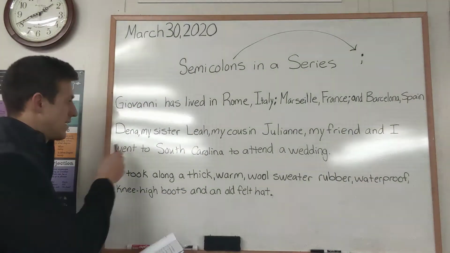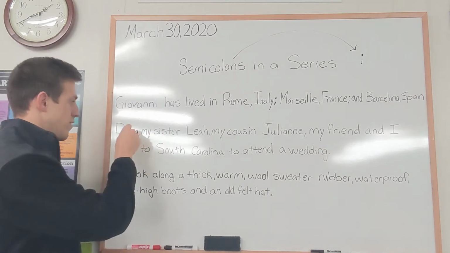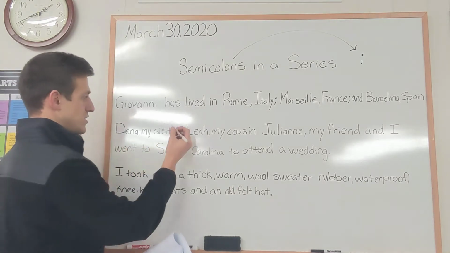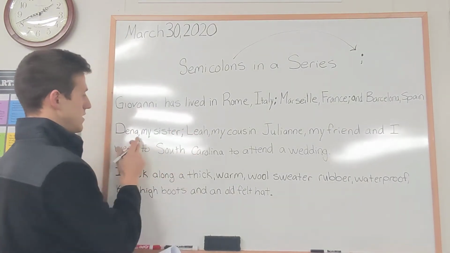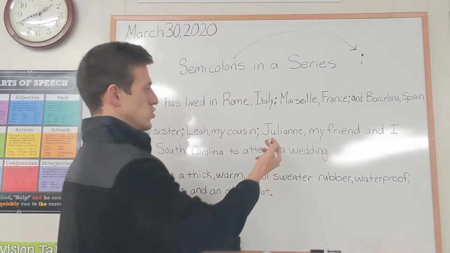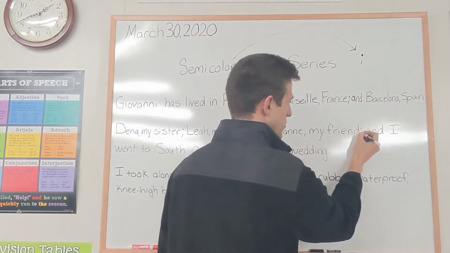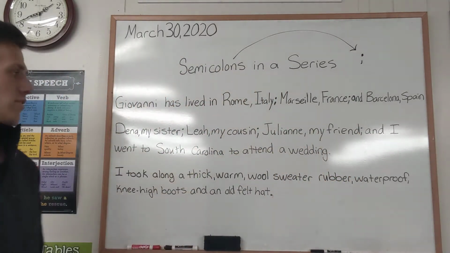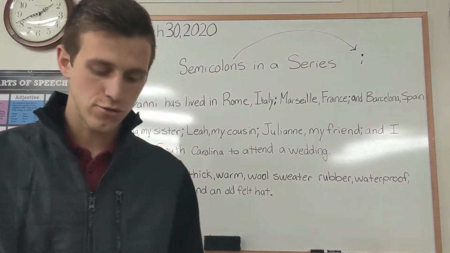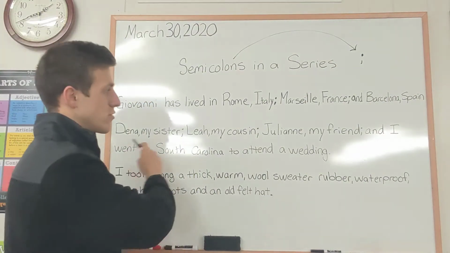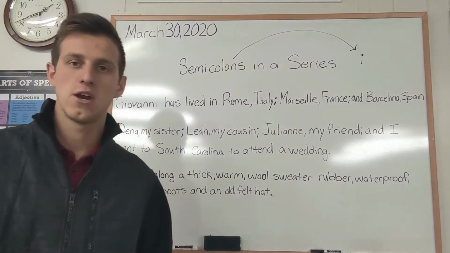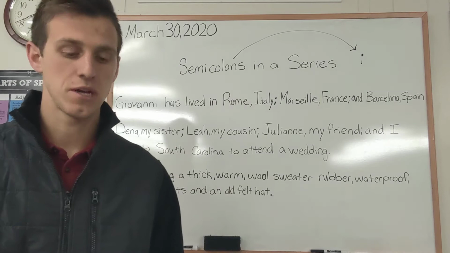So we have Dina, my sister; Leah, my cousin; Juliana, my friend; and I went to South Carolina to attend their wedding. Notice how we used our semicolons after our appositives when it comes with a series of appositives. There were 3 appositives in a row there, so we're using our semicolon to separate those as well.